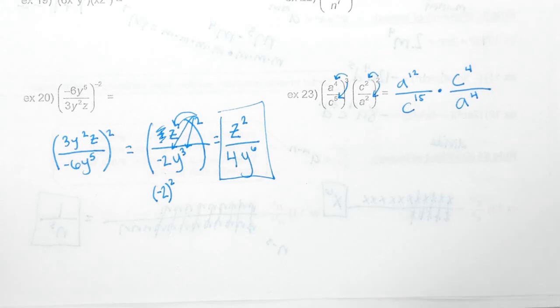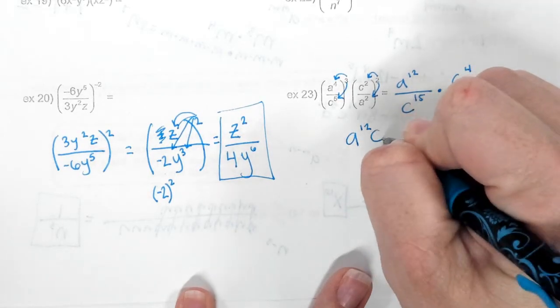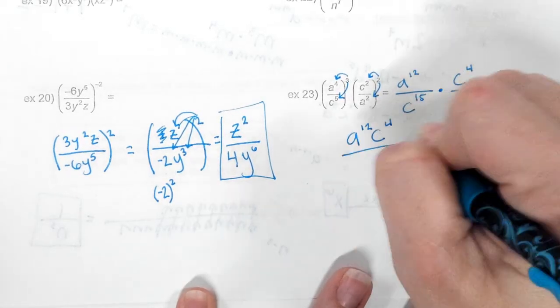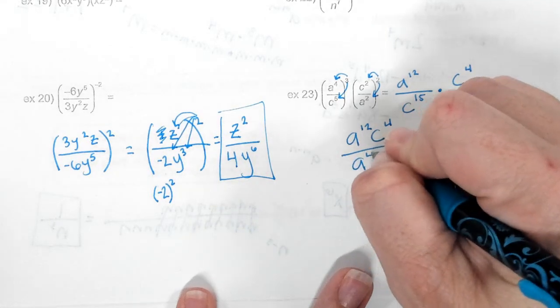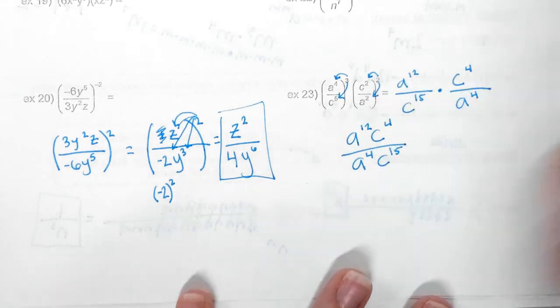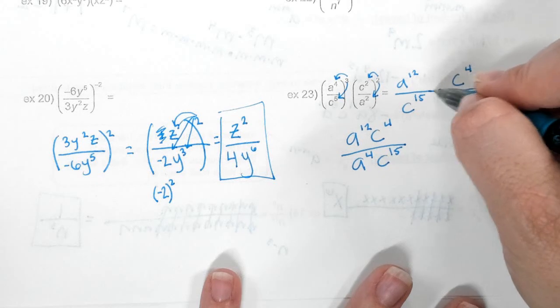Now I'm going to rewrite this, but I'm going to rewrite it proper in alphabetical order. So on top A12, C4, over, I'm going to flip-flop the bottom, A4, C15. So I have them lined up. Technically you don't have to do this, but it makes more sense. You could have just drawn your line across here. It's up to you.